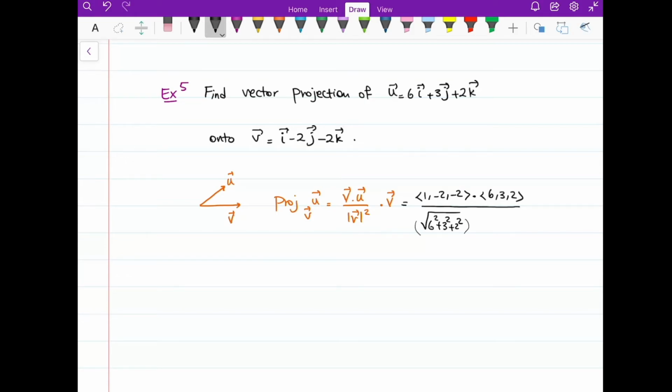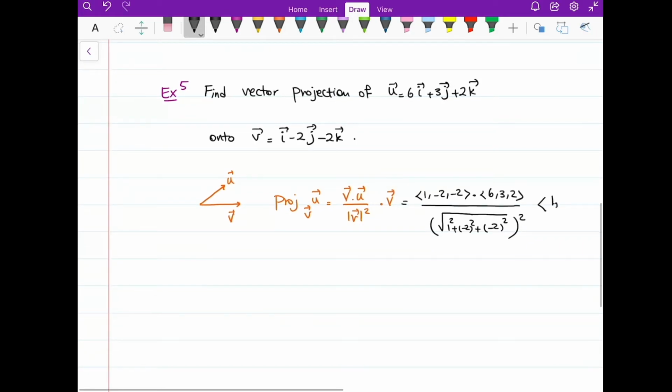Oh, I put the length of u in here, so I need to replace it with the length of v, which would be 1 squared plus negative 2 squared plus negative 2 squared, and then this is squared, and then the vector, let me erase the dot so that I don't confuse myself. So it would be 1, negative 2, and then negative 2.